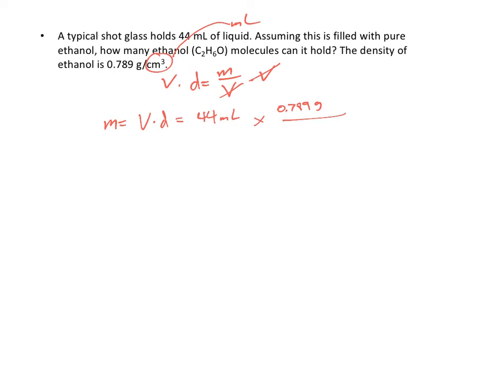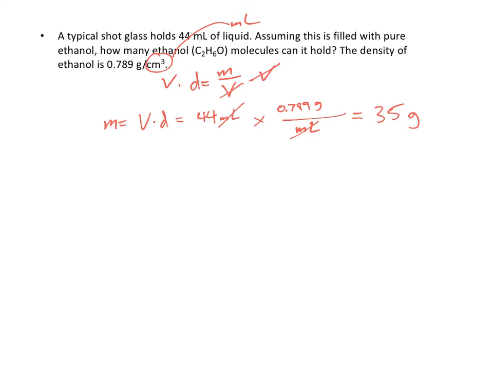So I'm just going to say grams per milliliter. And when I multiply that out, I get 35 grams. So I have the mass of ethanol.